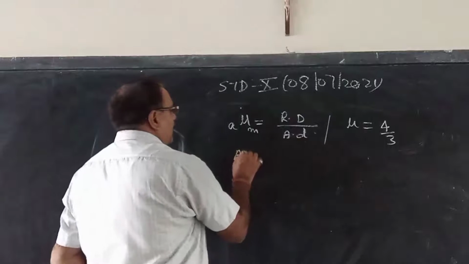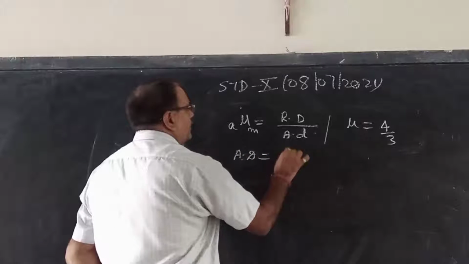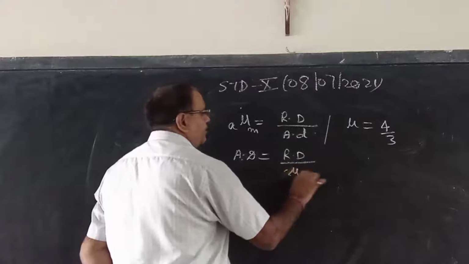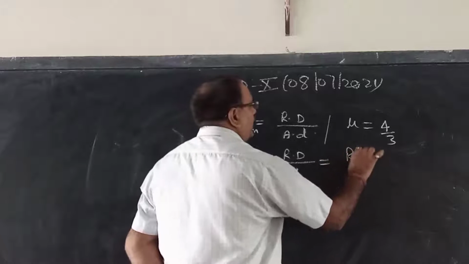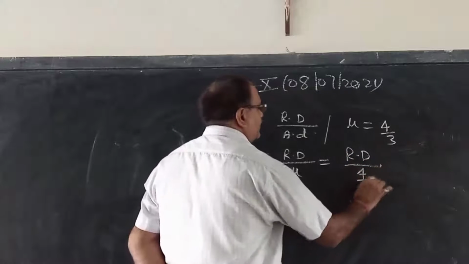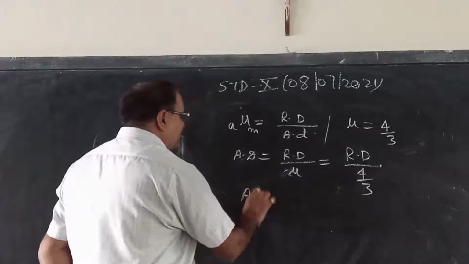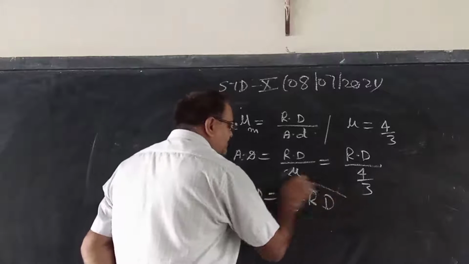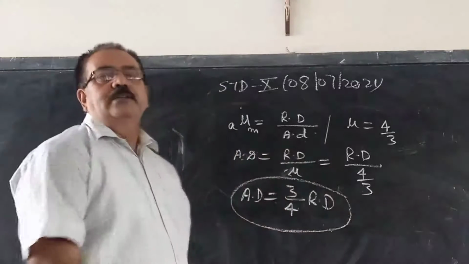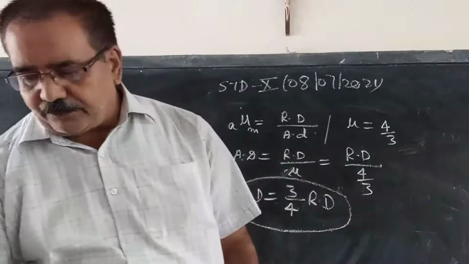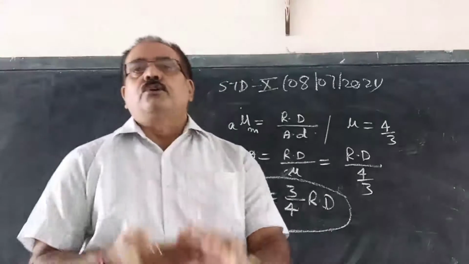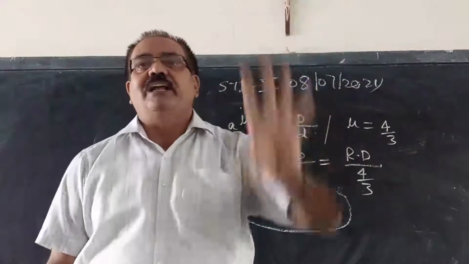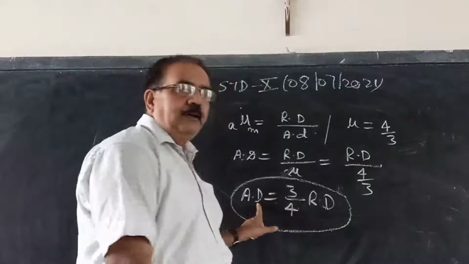We know that apparent depth is equal to real depth by mu. So with refractive index 4/3 given, apparent depth is equal to 3 by 4 of the real depth.